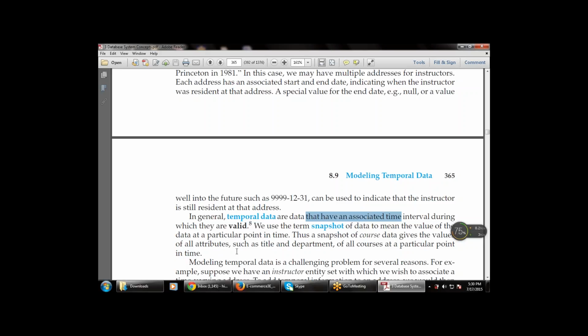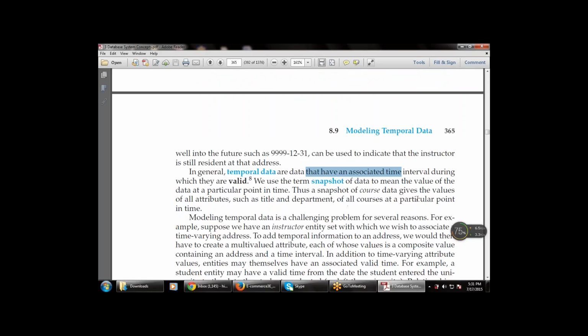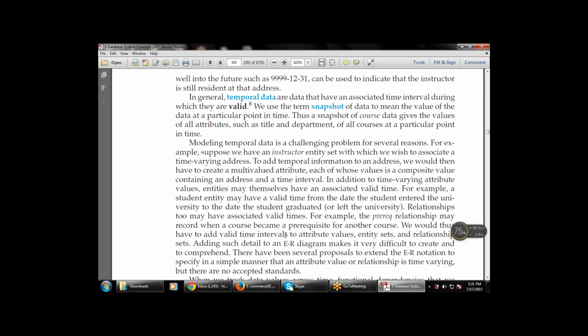We use the term snapshot of data to mean the value of the data at a particular point in time. So the snapshot of course data gives the value of all attributes, such as the title and the department.